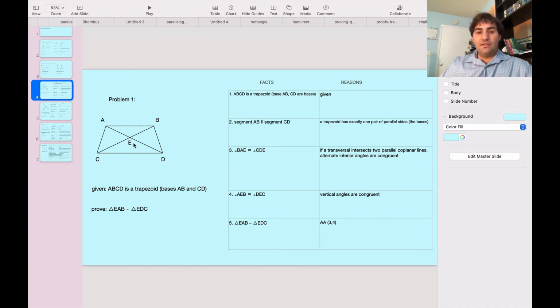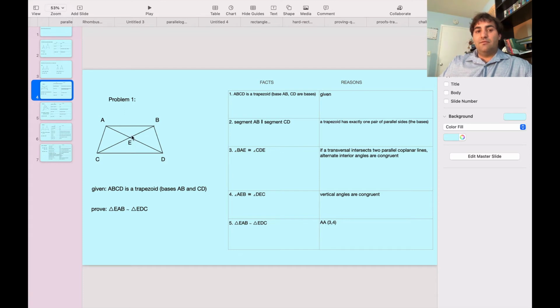So actually, to be more thorough, you could say that angle BAD is congruent to angle CDA because we're taking AD as the entire transversal, but I'm using this because we're going to be working with these two triangles. So okay, angle AEB is congruent to angle DEC.